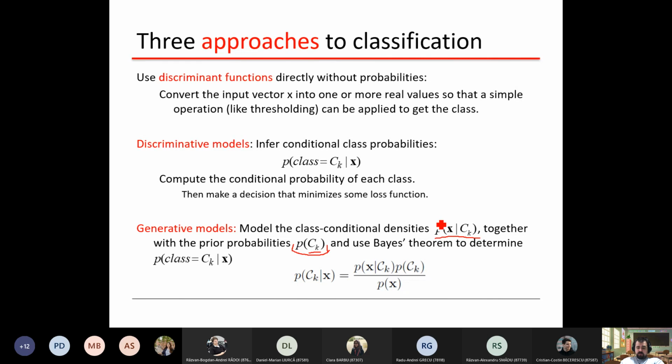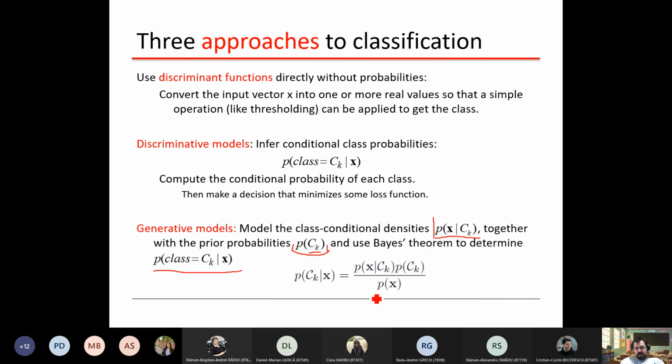And once we have the probability of x given ck, which depends on the problem, how we compute it, and the probability of the class, then all we have to do is to use Bayes' theorem in order to obtain what we are interested in, namely probability of the class given the point x. So we simply use Bayes' theorem.